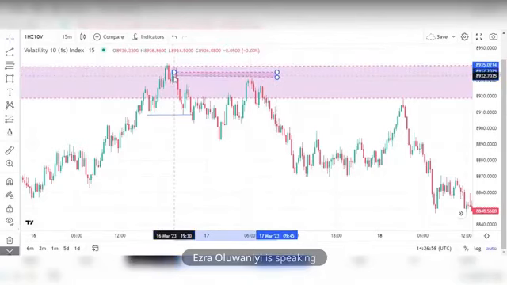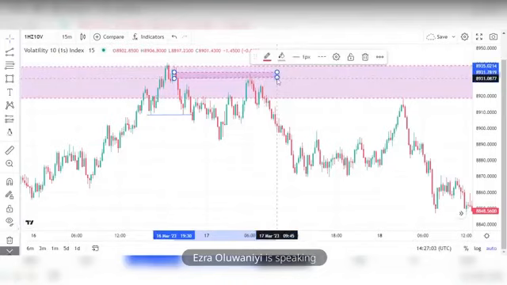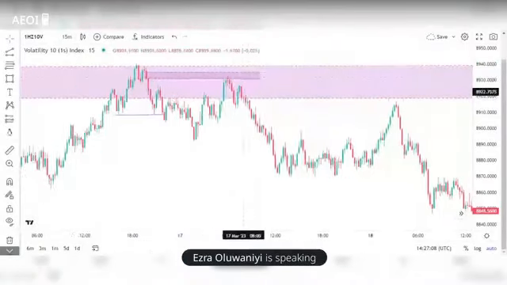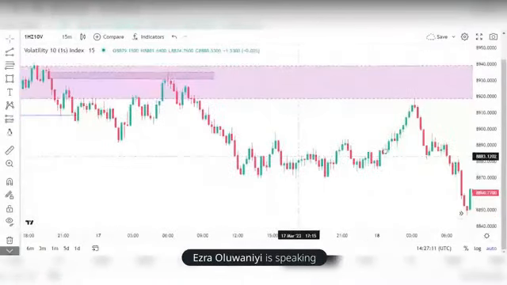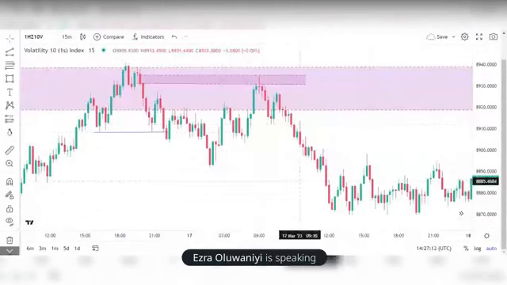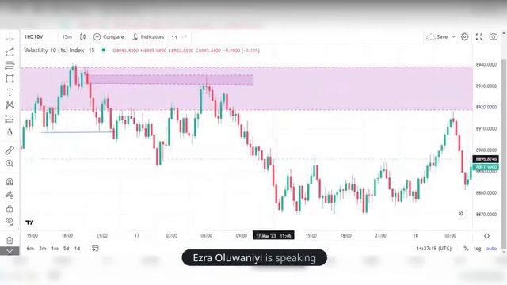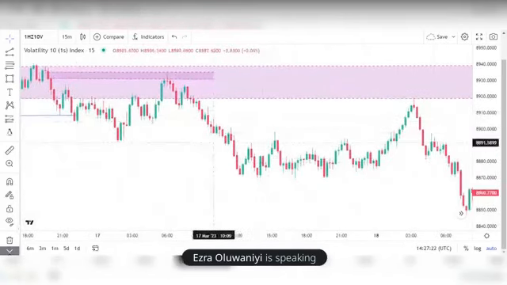So this was what I saw, and I called it in the group that, okay, around here they should take a trade. So price reacted to that imbalance, and then it started selling down. Since then, it has been selling, break of structure, back to the imbalance, and then price started moving down as predicted.